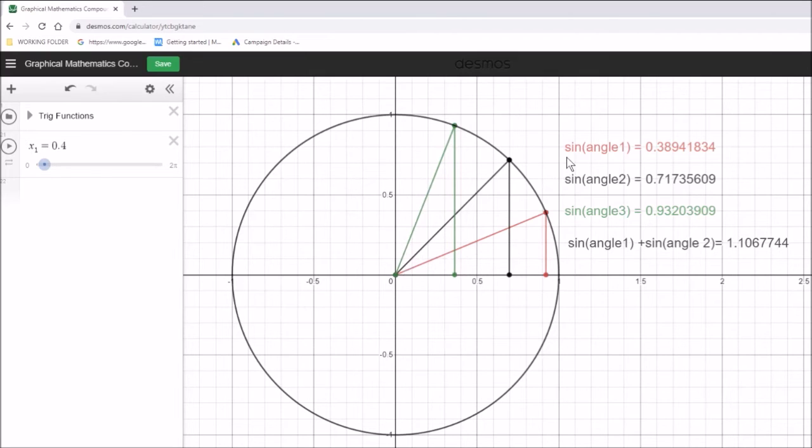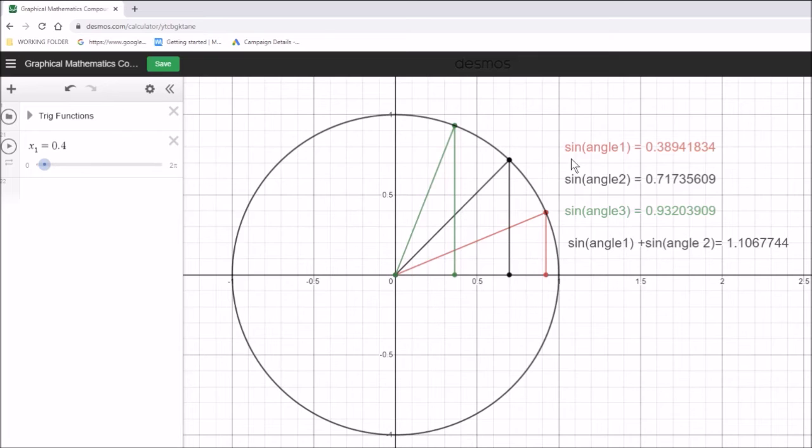Then what we do is we take the sine of angle 1, the sine of angle 2 and the sine of angle 3, and this gives us the values that we see. In effect, if the radius of the circle is 1, then the sine of this angle is simply this height, and the sine of this angle is simply this height, and the sine of this angle will be this height here.